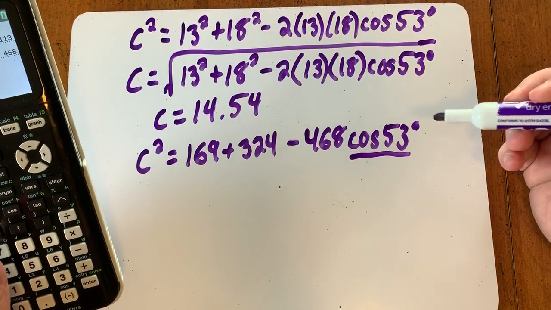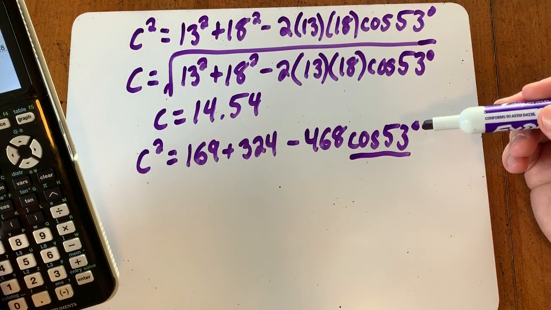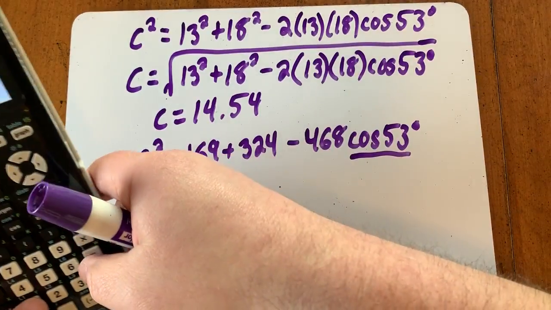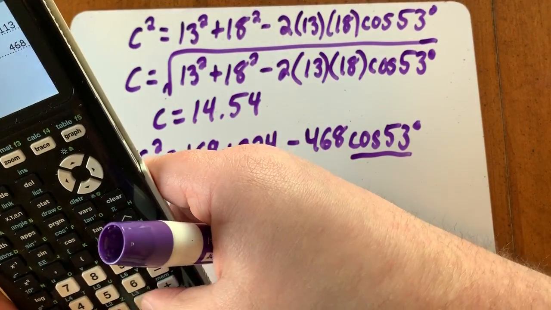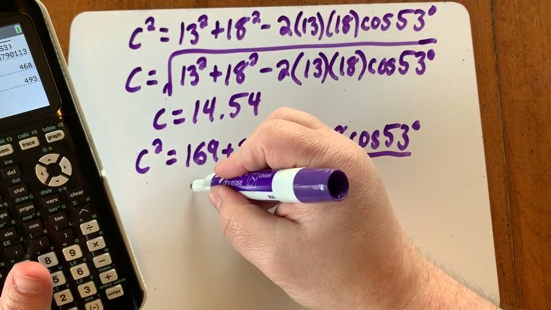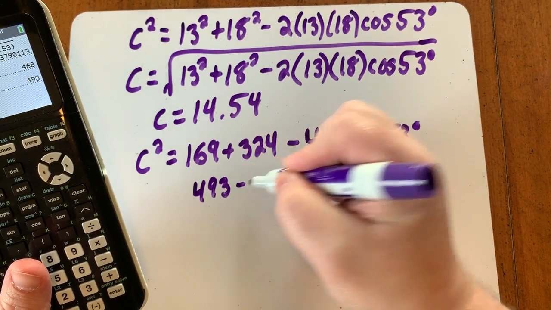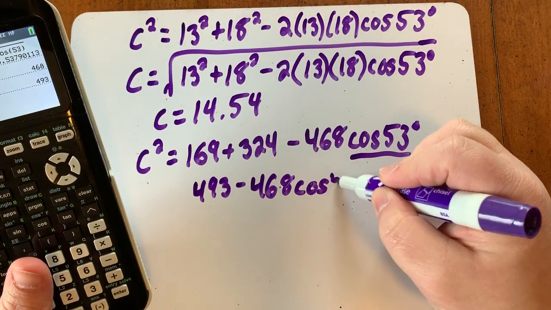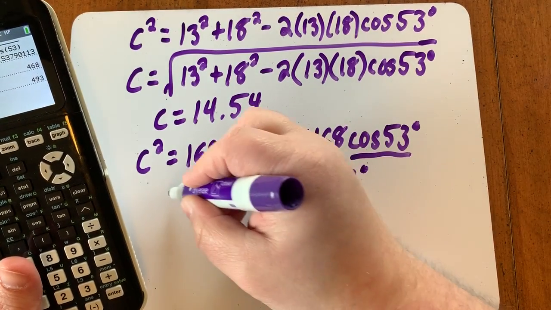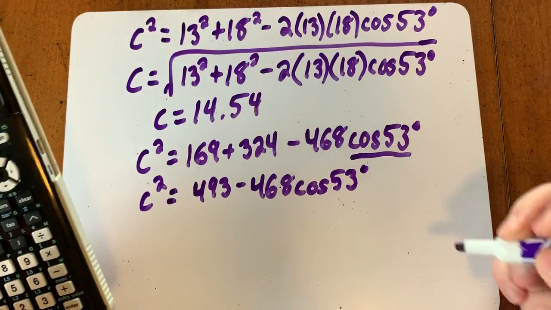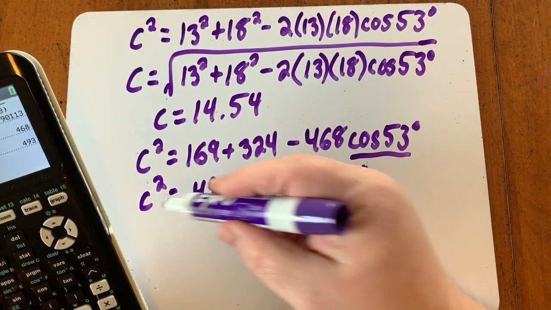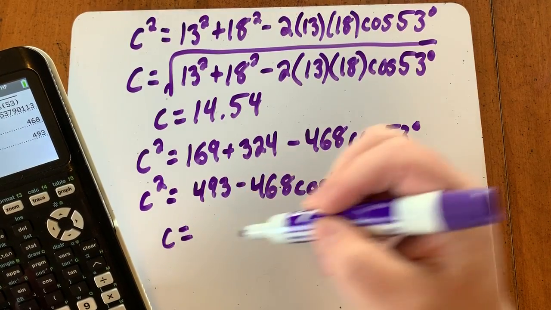There's no way around it unless it's a 45, 30, or 60 degree angle. So 169 and 324 gives us 493. So we'll perform that difference and then take the square root.